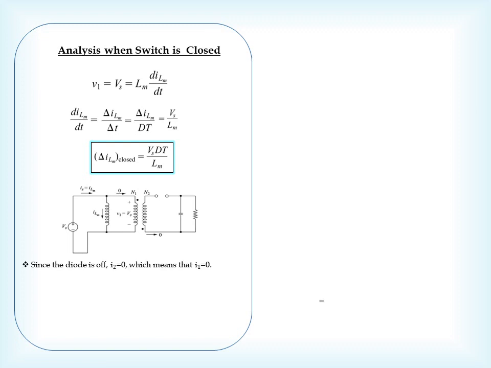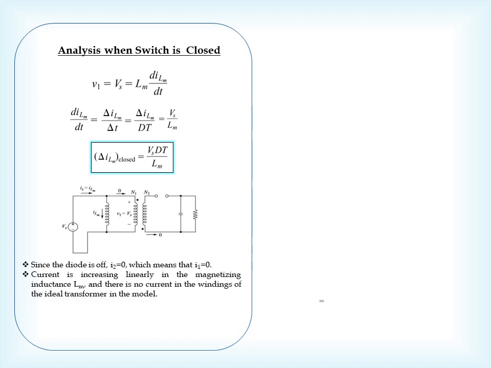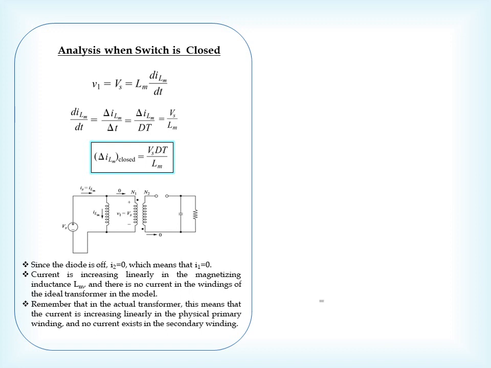Since the diode is off, I2 is 0, which also means the primary current is 0. Current is increasing linearly in the magnetizing inductance Lm. There is no current in the primary winding and the secondary winding of the transformer model.